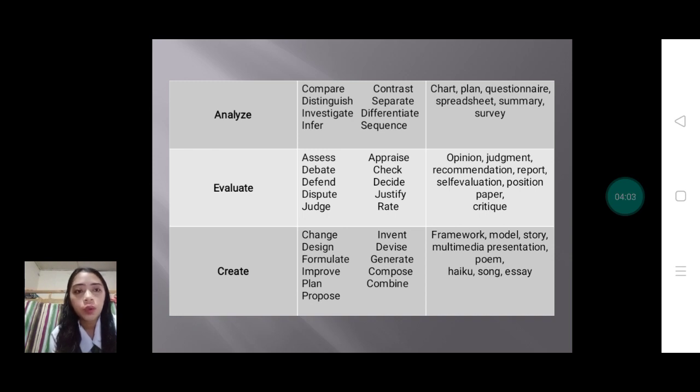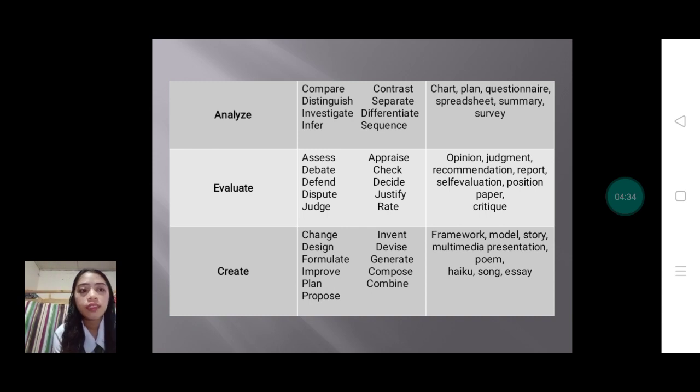Next is to create. This is when you are creating something new. Some action words are: change, design, invent, devise, generate, compose, combine. Sample activities are framework, model, story, multimedia, presentation. This is when apply and create are combined. If the student applies it, they could create it also.